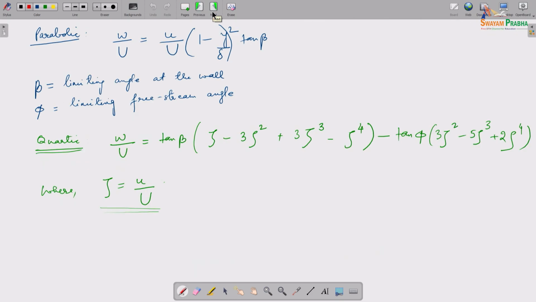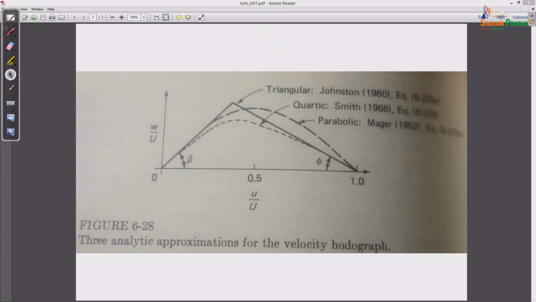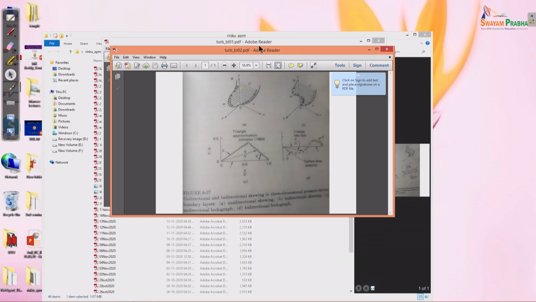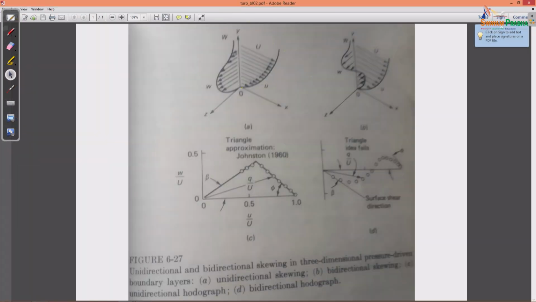And then it was the quartic. So, we also took something a little more difficult, the quartic, and this is how it looks. And if I do that, what we saw was this. So, then we looked at this plot.